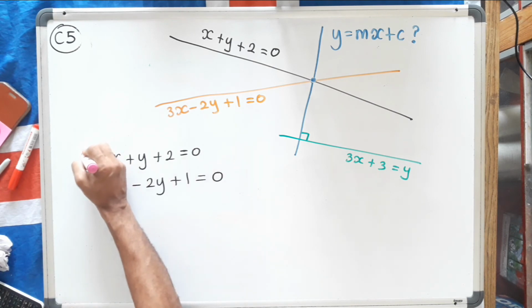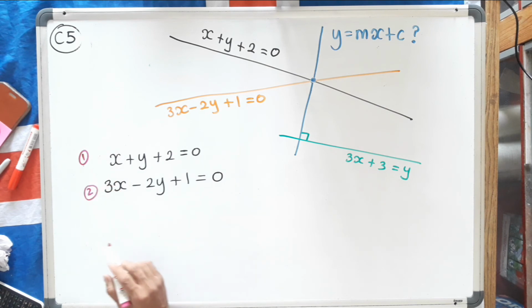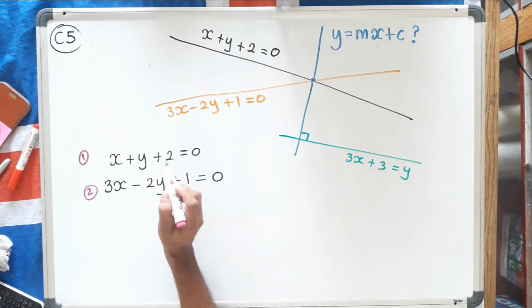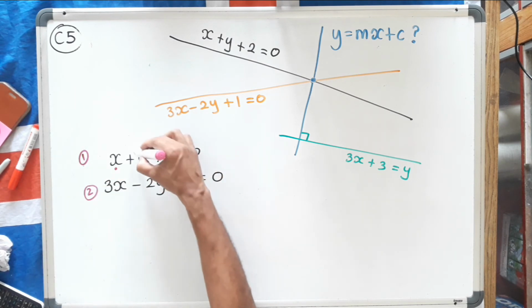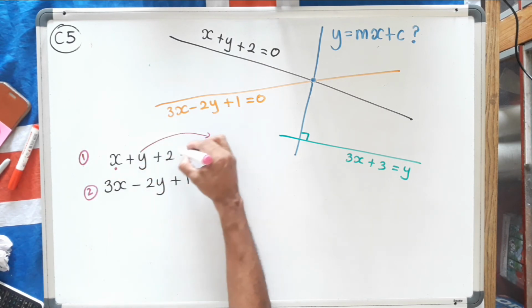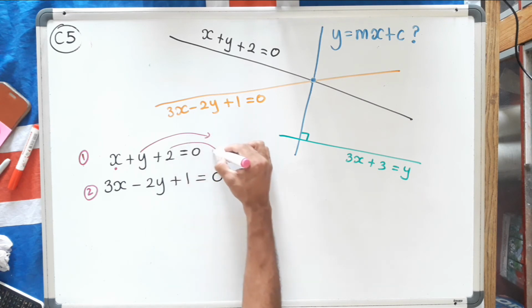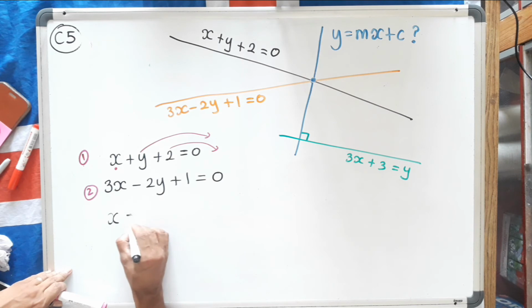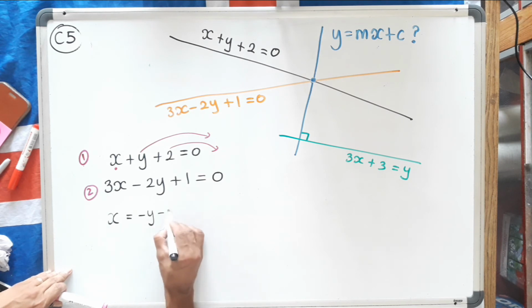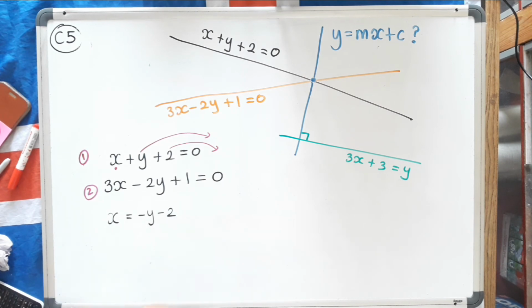This is equation 1, this is equation 2. I am going to make x the subject and then substitute it inside here. So to make x the subject, I have to throw across positive y and positive 2. That will give me x is equal to minus y minus 2. And this is my equation 3.